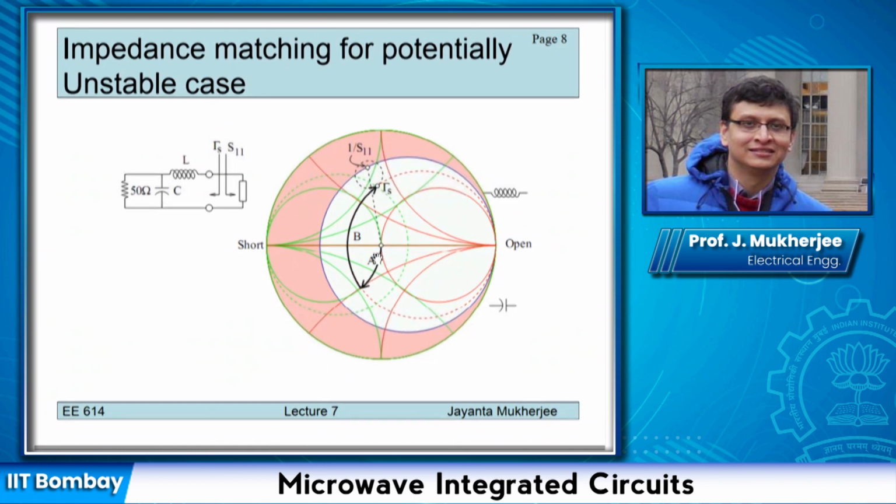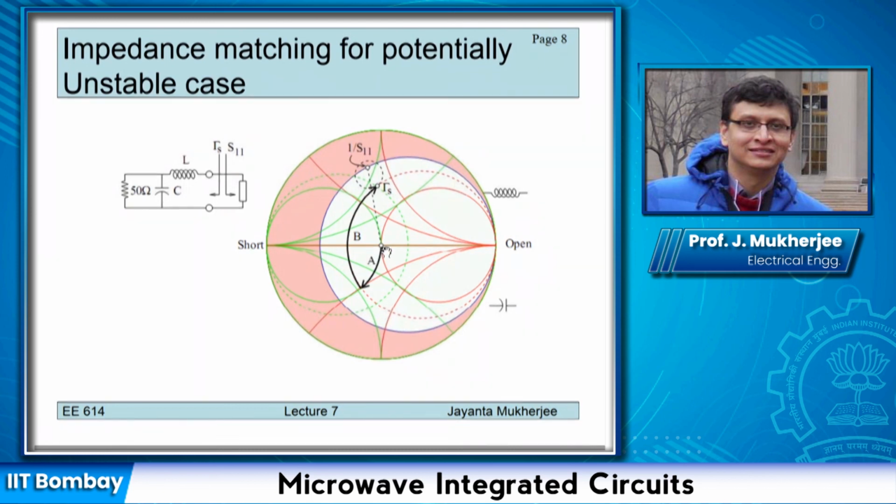First I go along a constant conductance circle, that I call path A. So A represents a path, not a point. And then after reaching this point, I take a constant resistance circle, path B. The constant resistance circle where I intersect my constant conductance circle will correspond to the constant resistance circle passing through the gamma s point.